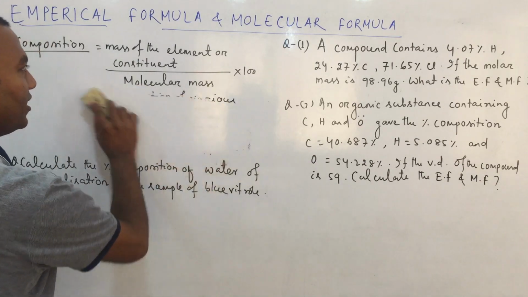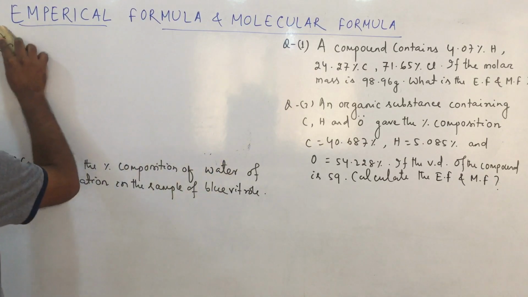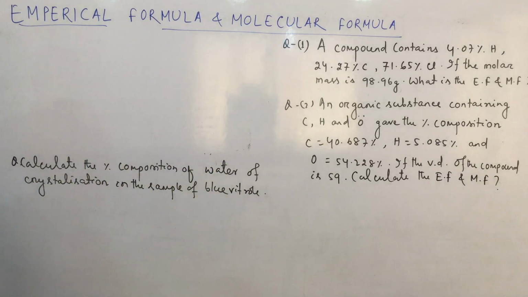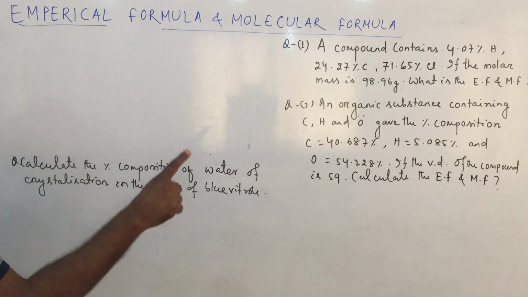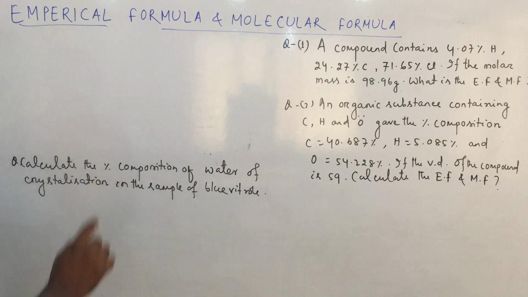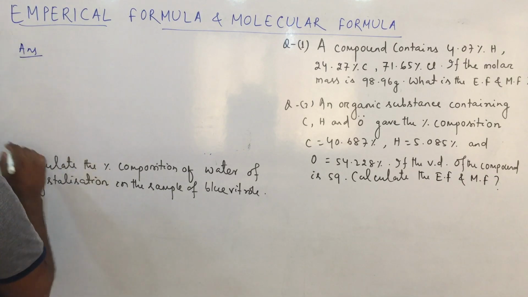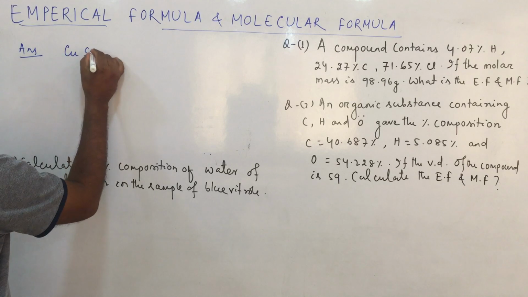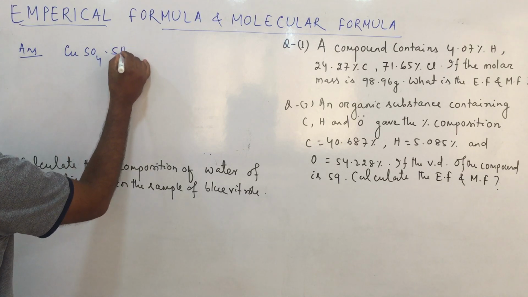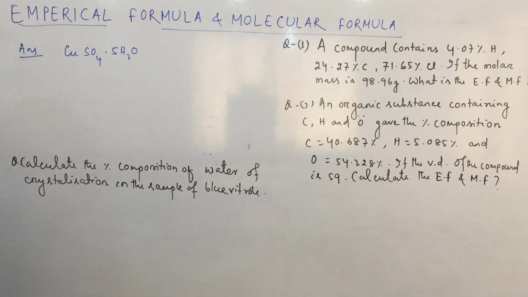Come to the second question. Here I have written: calculate the percentage composition of water of crystallization in the sample of blue vitriol. The blue vitriol formula is CuSO4.5H2O. Clear?